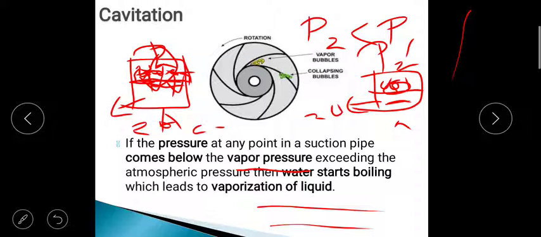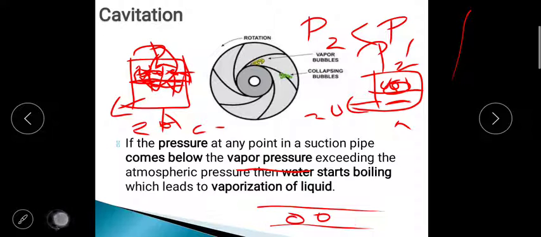So when the water enters into the suction pipe, whatever liquid droplets are there will start boiling, because the pressure becomes lower than the vapor pressure. The pressure inside that suction pipe becomes lower than the vapor pressure, because of which the water starts boiling or evaporating, and bubbles are formed.